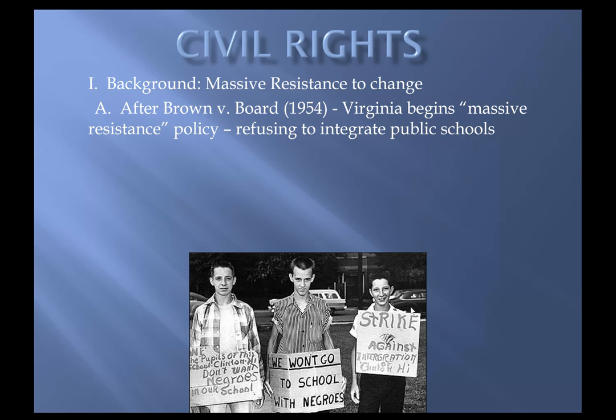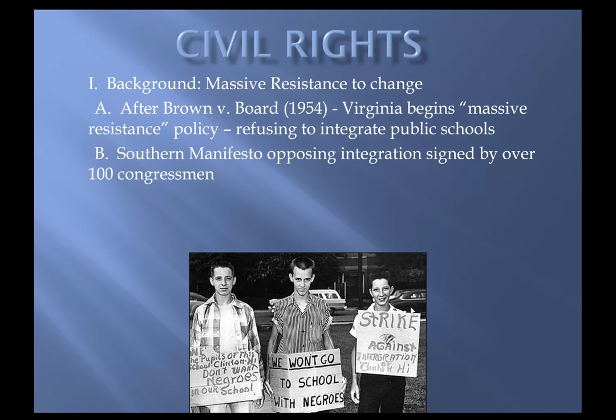They refuse to integrate public schools. They say that they will close schools that choose to integrate. The senator from Virginia introduces a document called the Southern Manifesto, which opposes integration, and that is signed by over 100 Southern congressmen.